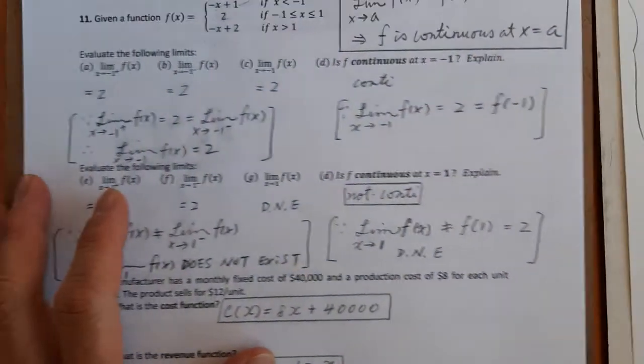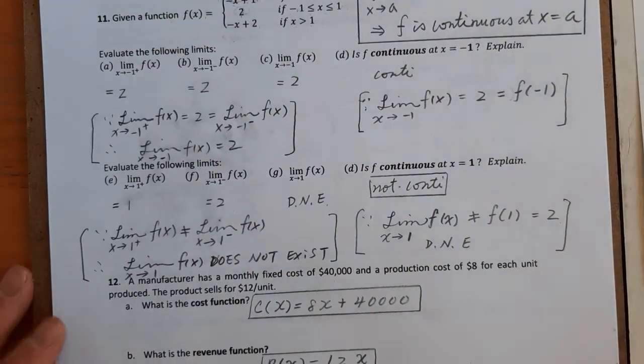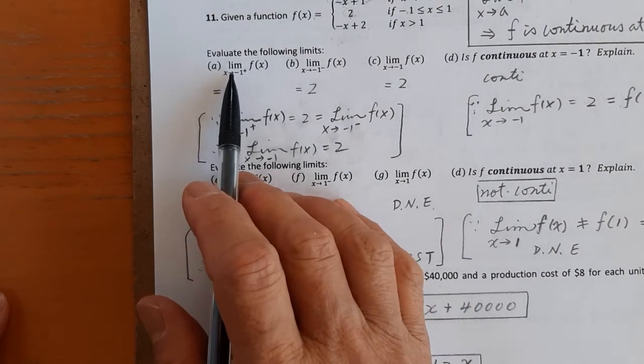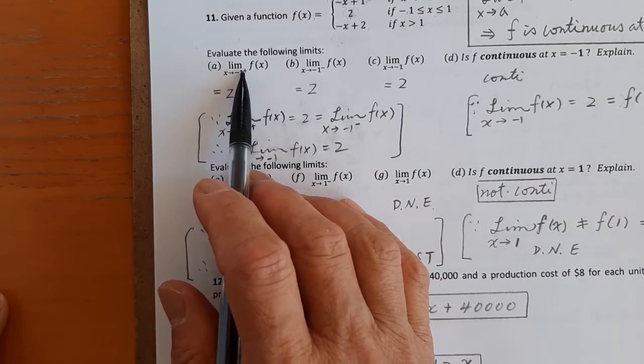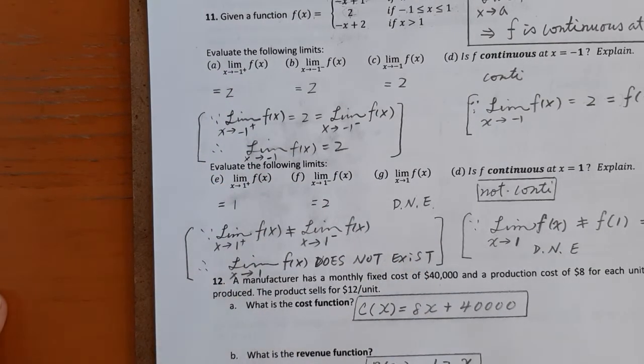Now let's do the questions. A: limit as x approaches -1 from the right side.